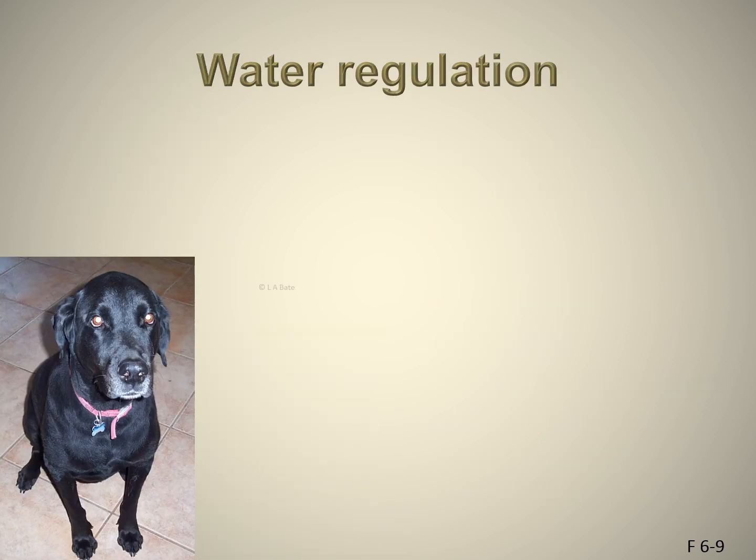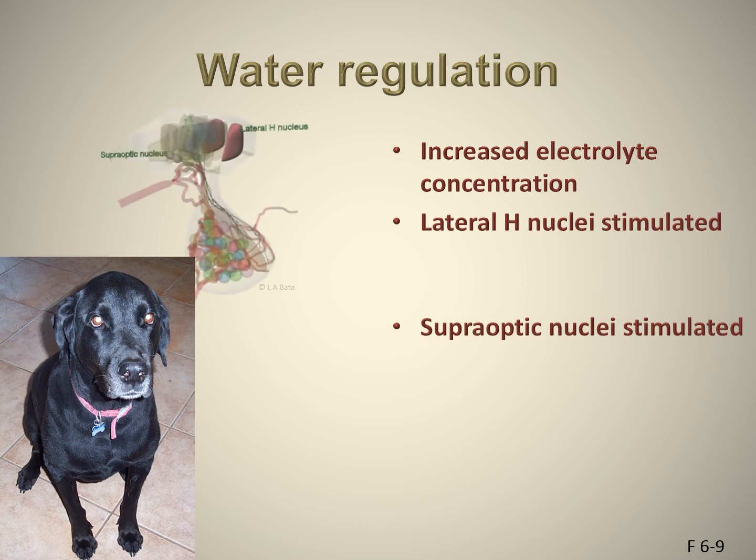Water regulation operates a little bit differently. If the animal detects an increase in electrolyte concentration in circulation, two nuclei, the lateral hypothalamic nuclei and the supraoptic nuclei, will be stimulated, and they will try to solve the problem using two totally different approaches.